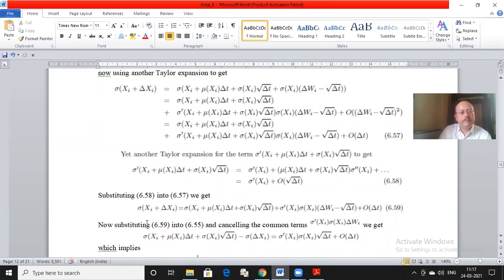So I will have sigma xi plus delta xi, which is the left-hand side here, equal to sigma evaluated at this point as before, plus sigma prime now evaluated at only xi, then sigma xi, the error, and again I will have some error involving this order, so I will put them back here.